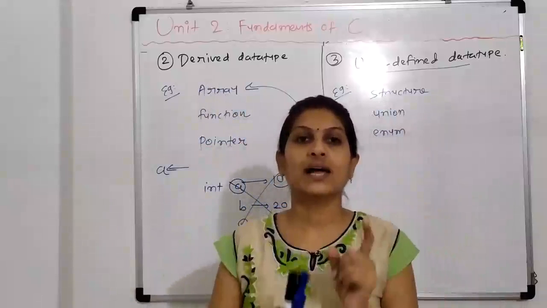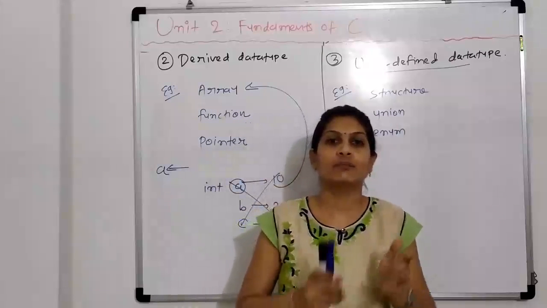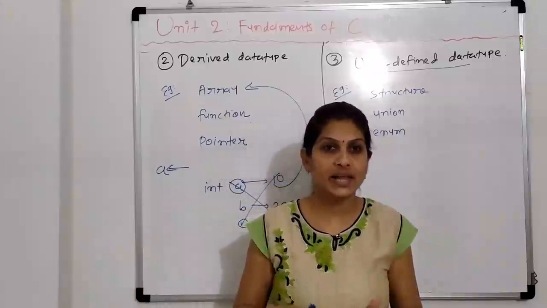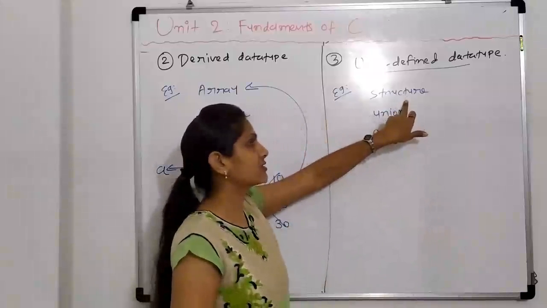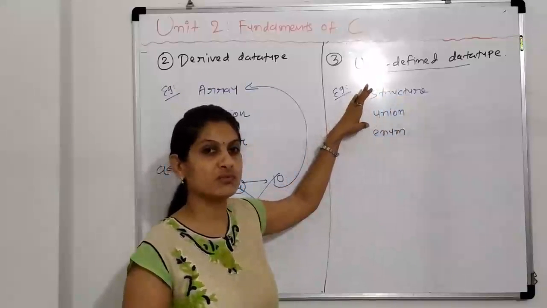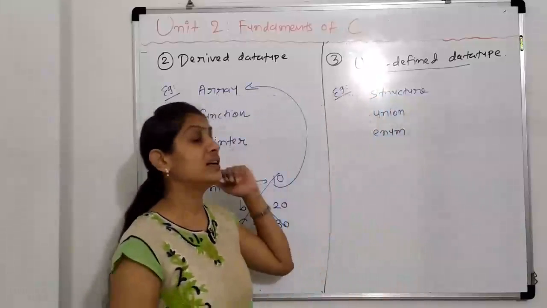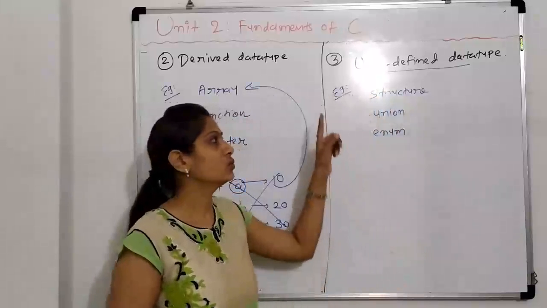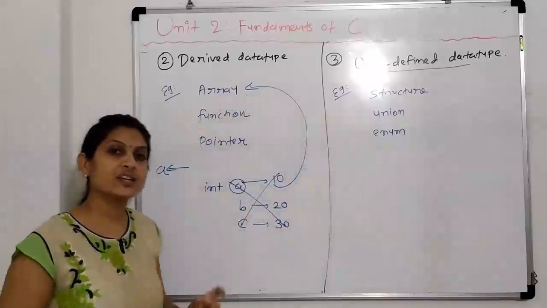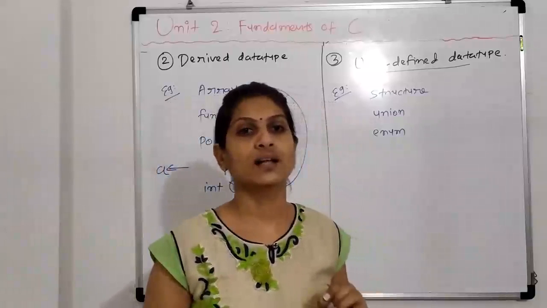An array only combines the same data type. But if you want multiple kinds of data stored under a single name, then it is possible with a structure and union. So the definition of structure and union is: it is a collection of elements with different data types using a single name. And array is what? It is a collection of elements with the same data type using a single name.